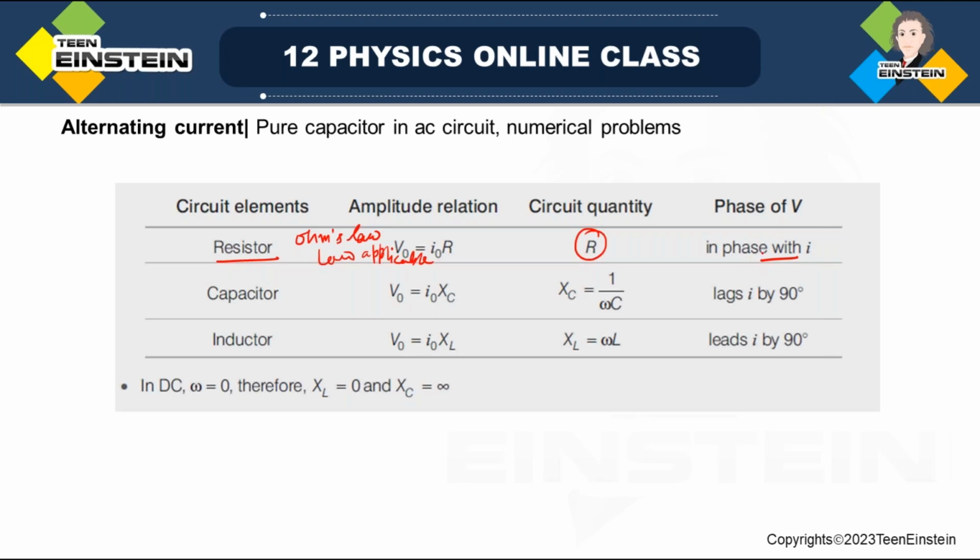Now we have seen from the phasor diagram that current and voltage are parallel to each other, or they don't have any phase difference. In a circuit where there is a resistor alone, the current and voltage are in the same phase.